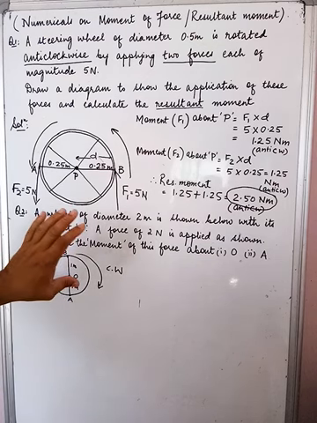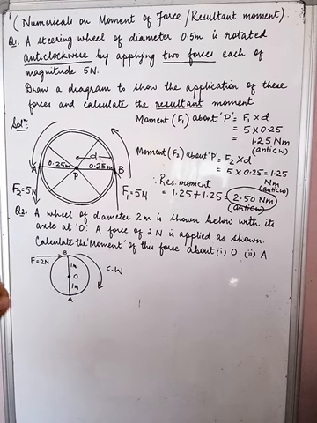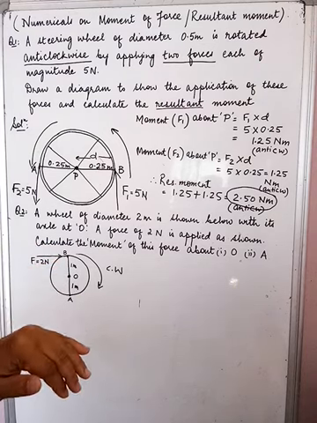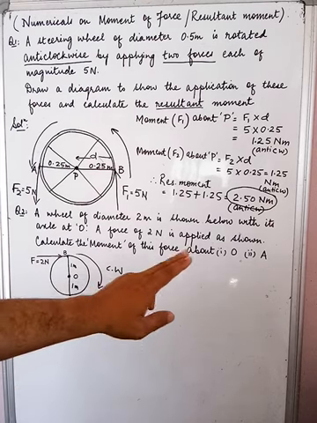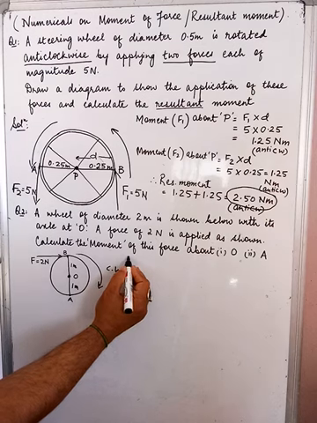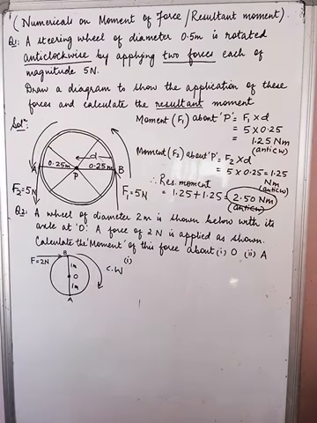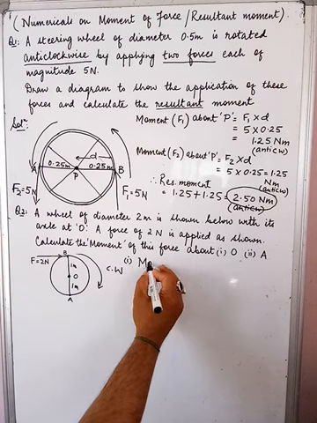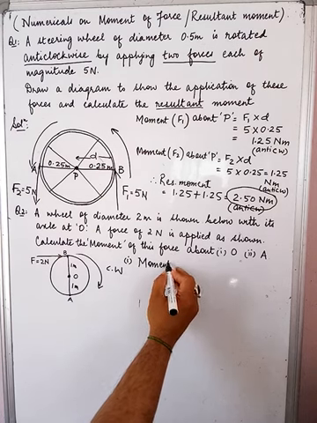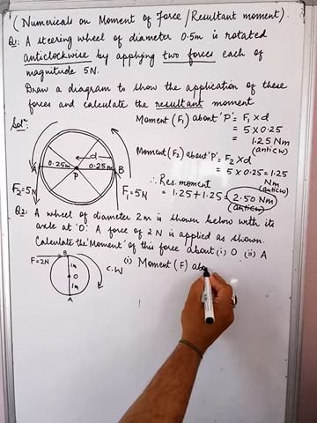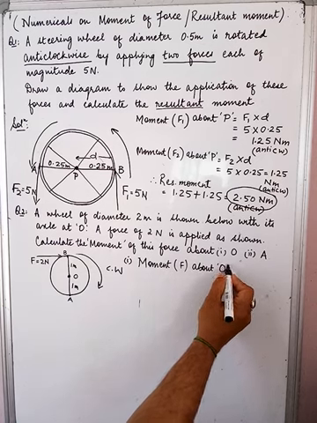So in this question the force is the same, but the pivot or the fixed point about which we are calculating the moment, those 2 points have been taken differently. So let us first start with the first part of the question, which is the moment of force F about O.